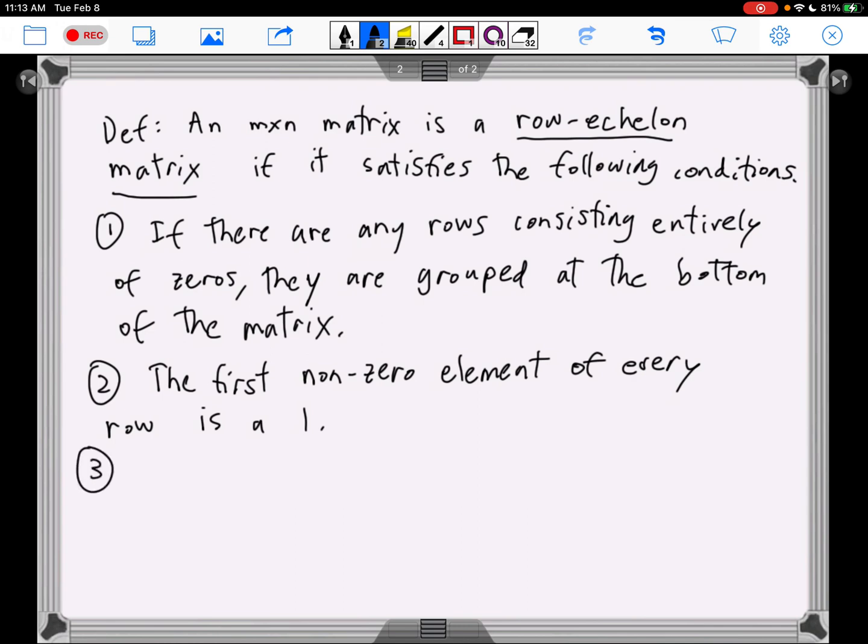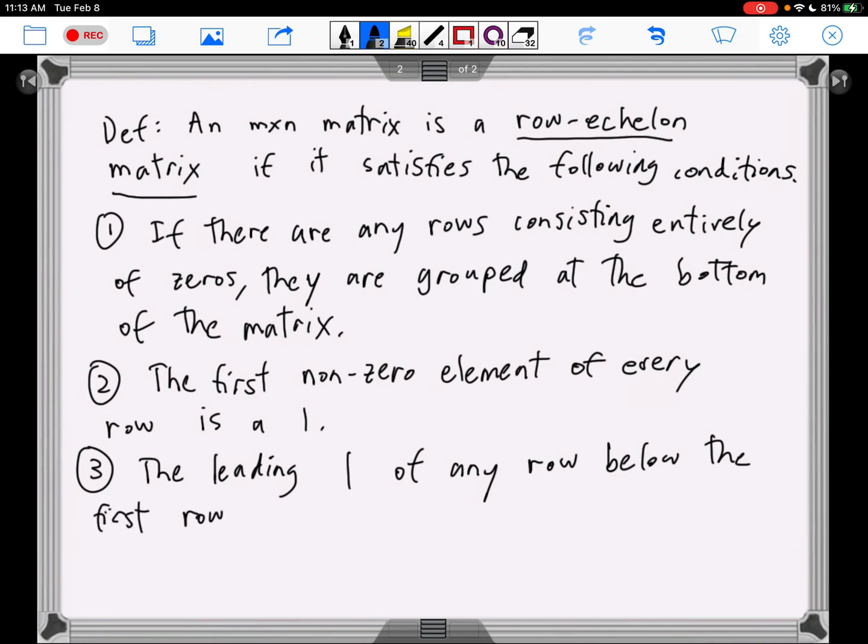And third, the leading one of any row below the first row is to the right of the leading one above it.